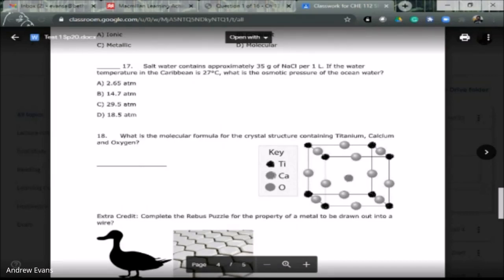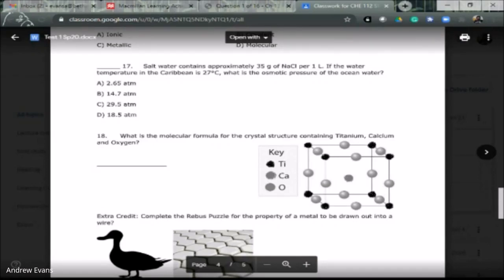So, that being said, last question before we get to bonus. What is the molecular formula of the crystal structure containing titanium, calcium, and oxygen? The oxygens are the normal looking shaded ones, on all of the edges.